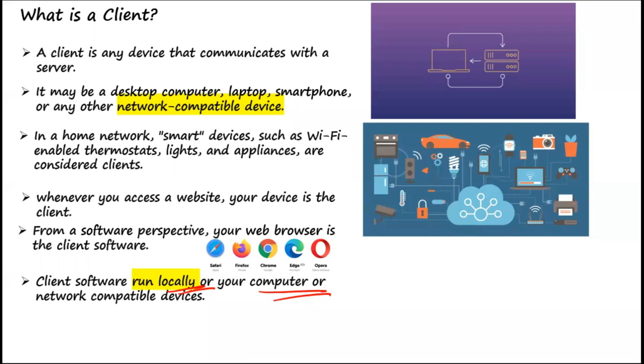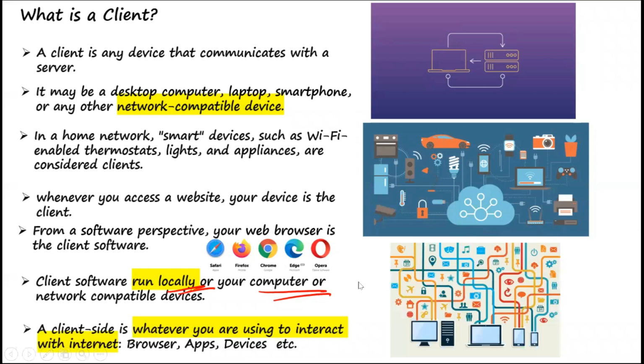So just see a basic definition, just to summarize. Anything, remember, it could be anything, your browser, apps, or devices that you're using to interact with the internet. So it could be your tangible devices, then it could be your browsers, it could be your email servers, anything that you're interacting with.